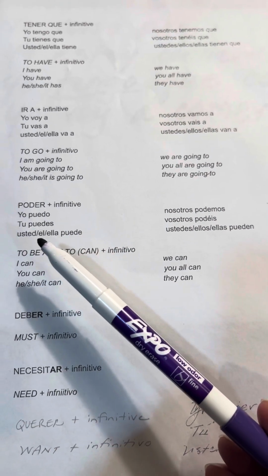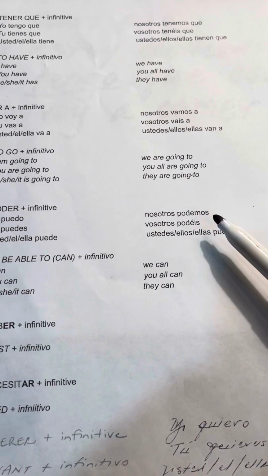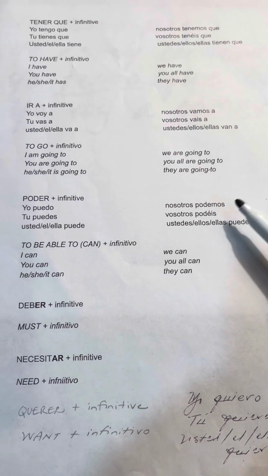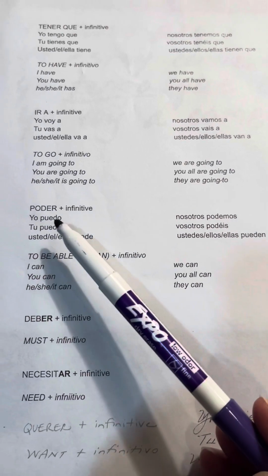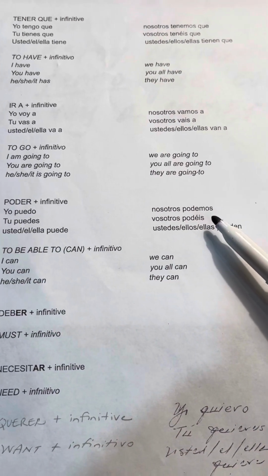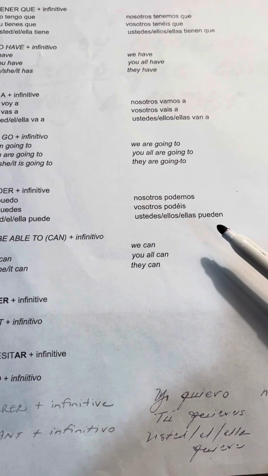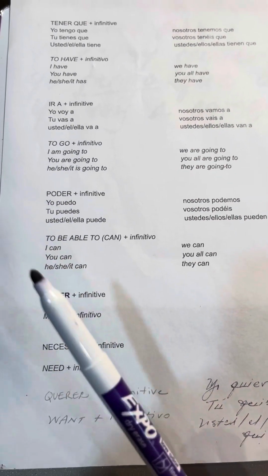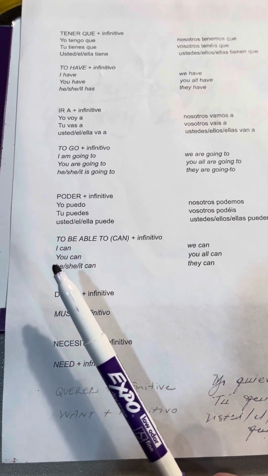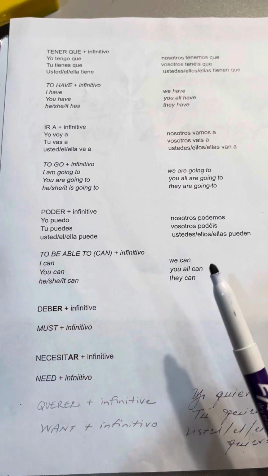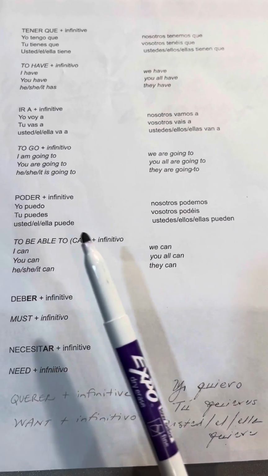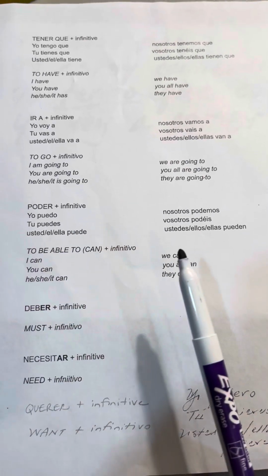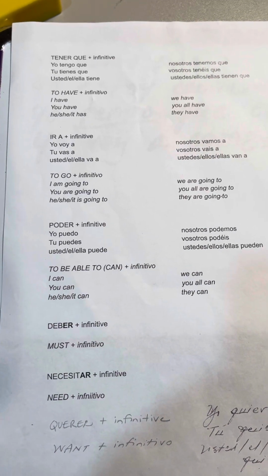Irregular, irregular, irregular, regular conjugation. You take off your ER, you add your EMOS, take off your ER, add EIS. And then again, irregular. But it breaks down to I can, you can, he, she, it can, we can, you all can, they can.